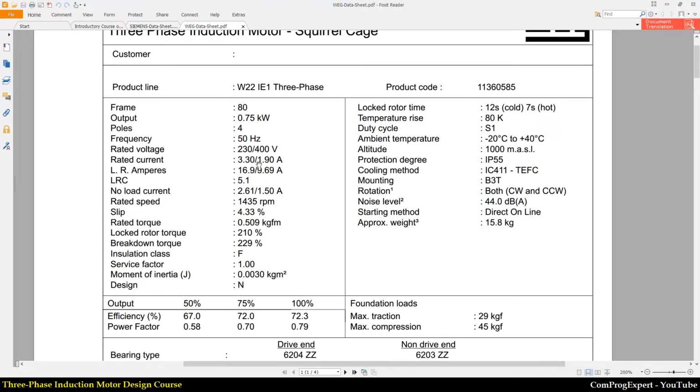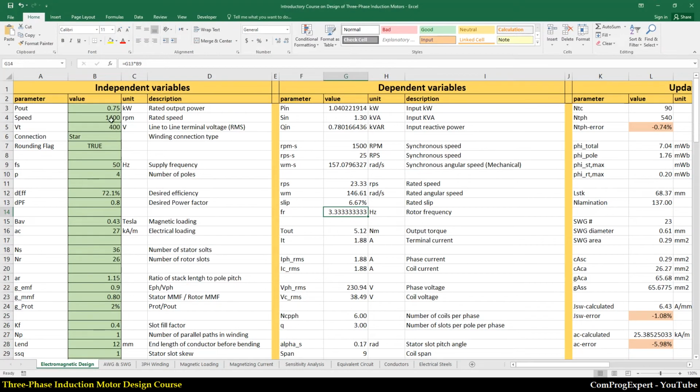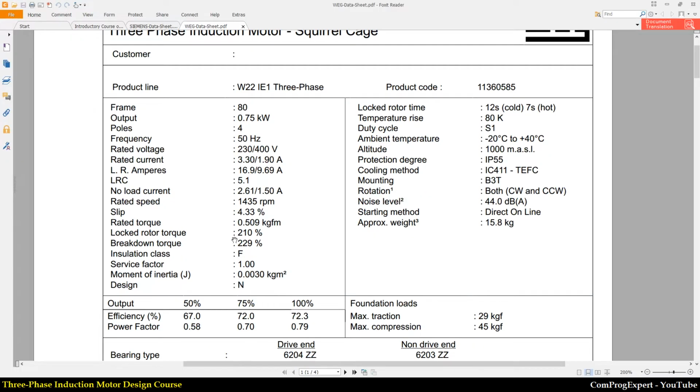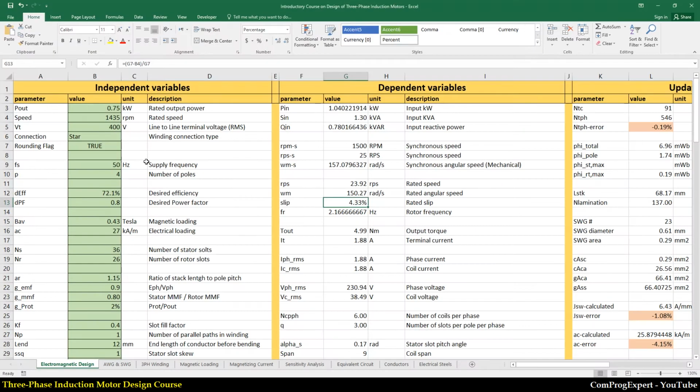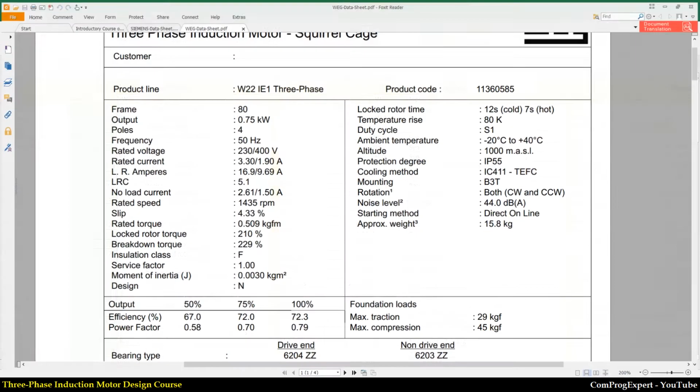If I set the value of rated speed equal to 1435 in our Excel file, as you can see here, the value of slip is 4.33%, right? So our implemented equation in the Excel file is correct.